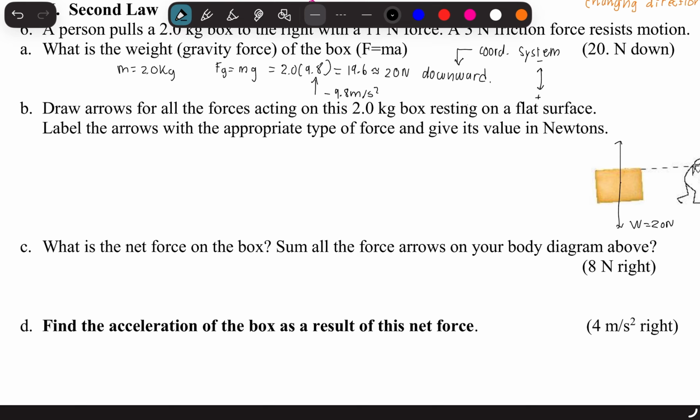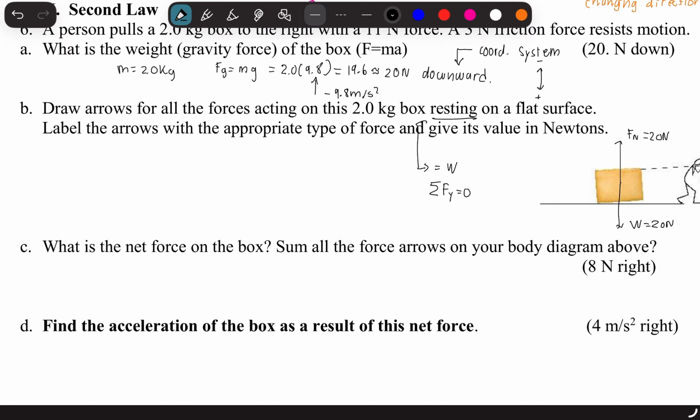It's not falling through. It's not accelerating. There's no vertical acceleration. So it's going to equal the weight. And the summation of the vertical forces is going to equal 0 because it's at rest on top of the table. So this is going to be Fn, and it's going to equal 20 newtons too.